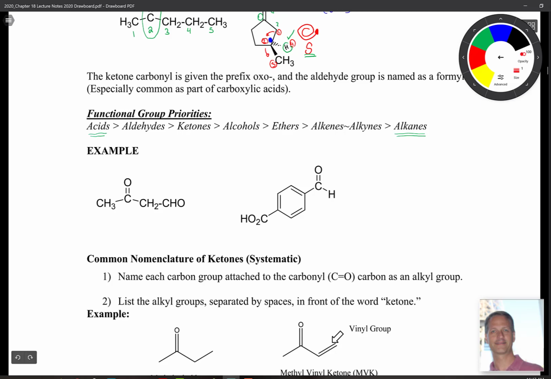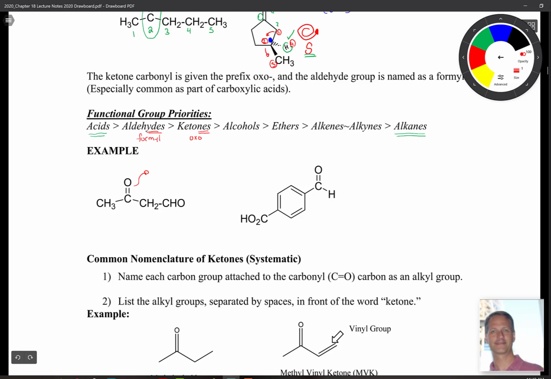The thing to note here is that aldehydes have a higher priority than ketones. So if you remember, the aldehydes are formyl groups and the ketones are named as oxo groups. Alcohols would be named as hydroxy groups. So if we look at this molecule down below, this first molecule, this is how you approach it.